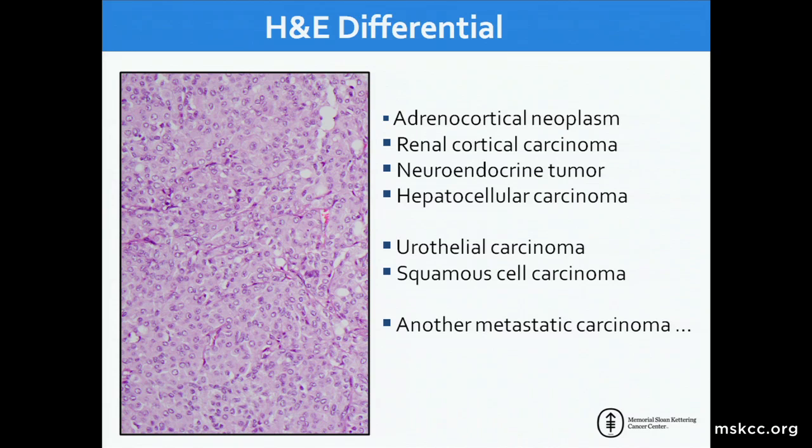In this case, we might want to include a urothelial carcinoma, a squamous cell carcinoma, and of course, a basket, because any carcinoma can have abundant pale eosinophilic cytoplasm. This patient was a smoker. We don't have any reason to think that he has lung cancer, but lung cancers do like to metastasize into the adrenal.